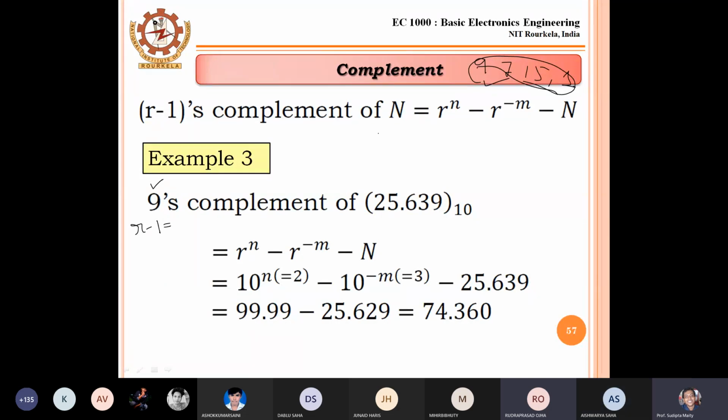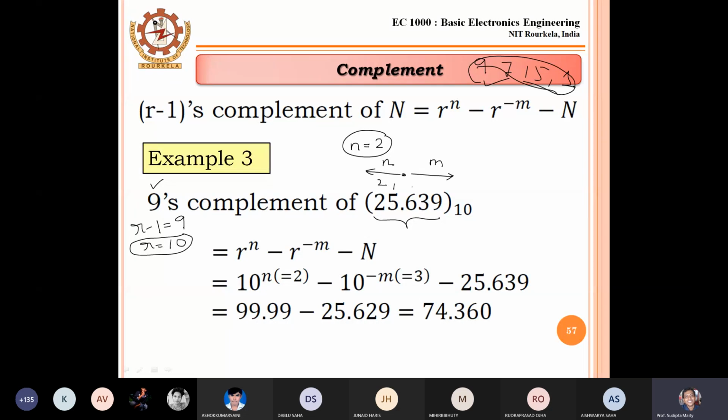Now, coming back to slide number 57, example 3. It is again the 9's complement of this data. Here we have both integer and fractional parts. So again R minus 1 equals 9, so R equals 10. Before the decimal point we have small n, after the decimal we have small m. Here we have 1, 2, so small n equals 2.